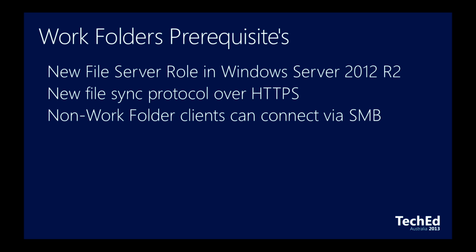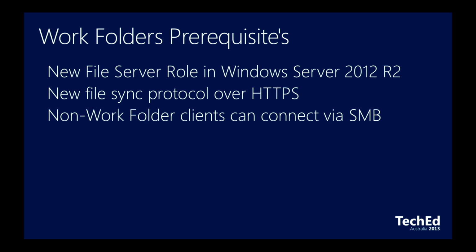However, because a copy of the file resides on a file server, you can still access those files via a standard SMB file share. Which means if you have a Windows XP computer, you could still technically access them for the next 9 months until end of support, and I would never recommend it after that. But for the next 9 months, you could access the Work Folders files from your legacy workstations in your organization.